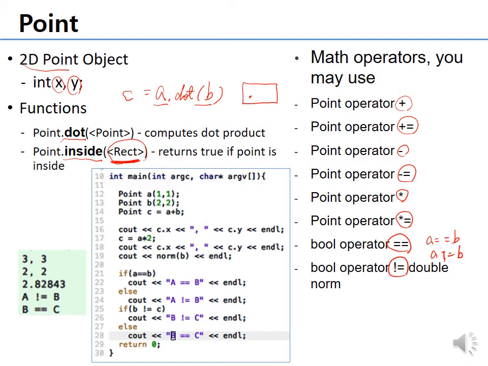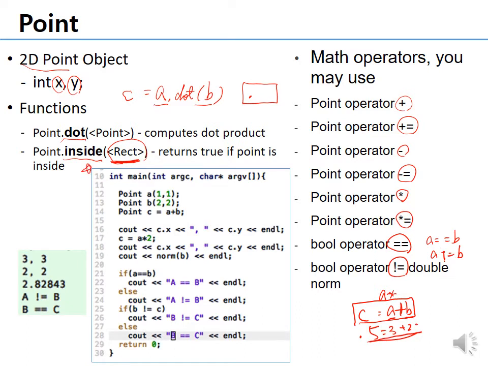It is very similar to calculation between numbers, like A plus B, 3 plus 2 equals 5. Even though it is not a number but a Point class, we can calculate it exactly the same way as numbers.